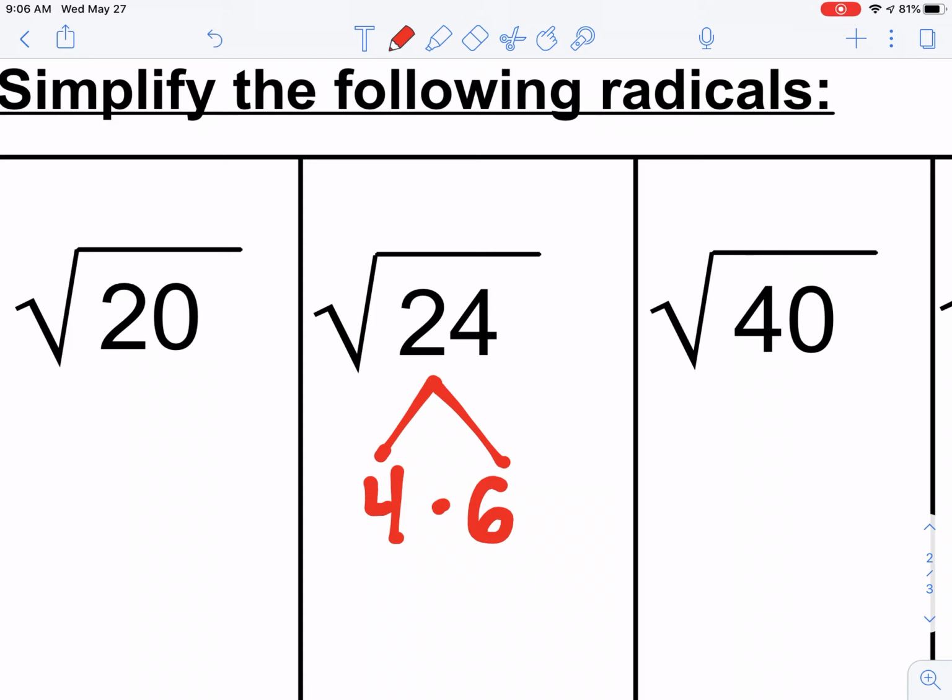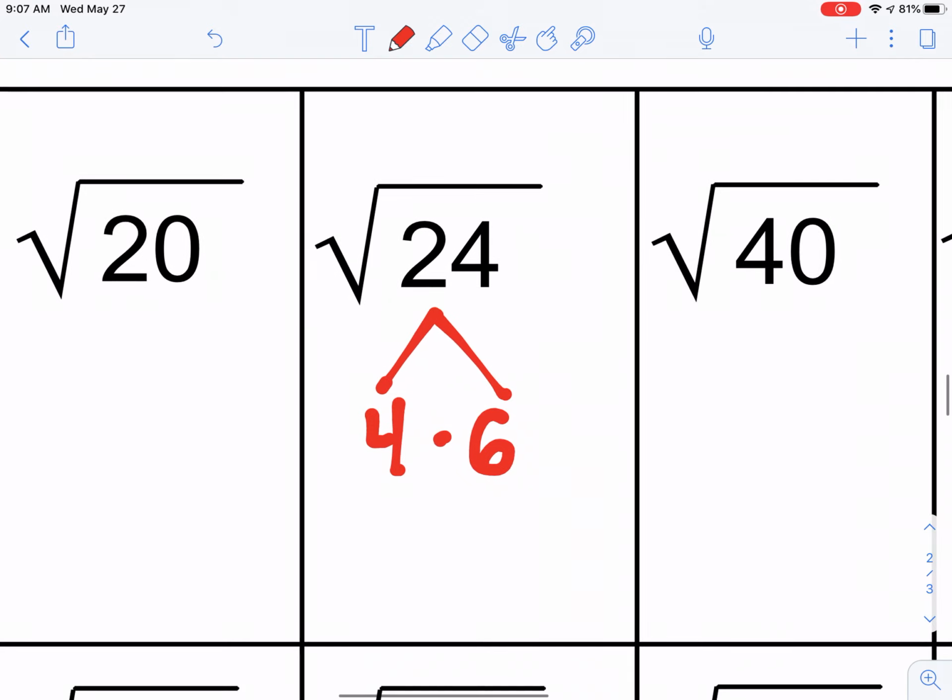Well, 4 is square rootable. So here's what you do. You rewrite 24 as its 2 smaller factors, one of which will be square rootable, aka a perfect square, right? So I'm rewriting square root of 24 as square root of 4 times 6. Nothing has changed. All I did was rewrite the 24 as 4 times 6. I didn't change or do any math to it.